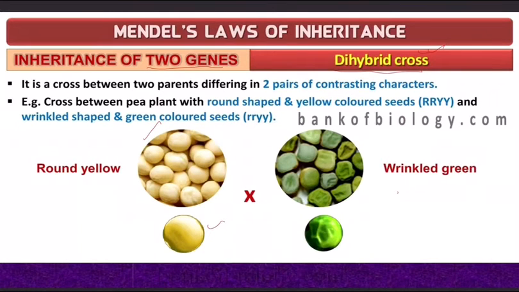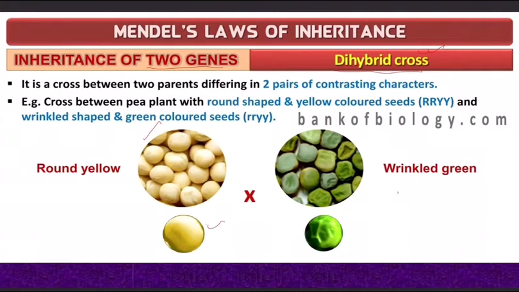So since it is dominant, how do you say that round yellow is dominant over wrinkled green? When we count the number of seeds that are formed, Gregor John Mendel, with his lot of patience, he could count. So based on the numbers, he understood that round yellow seeds were more in number than wrinkled green.